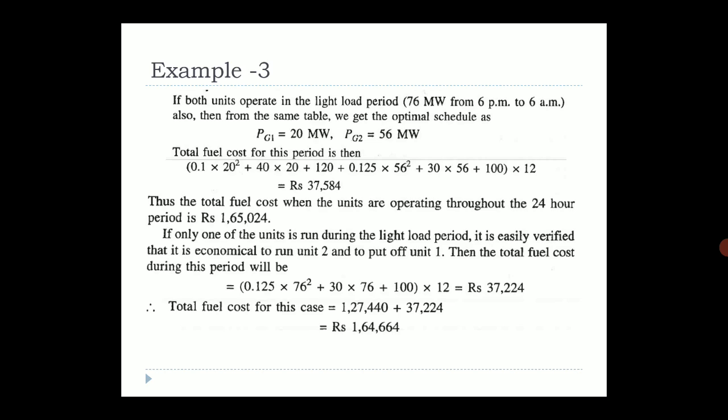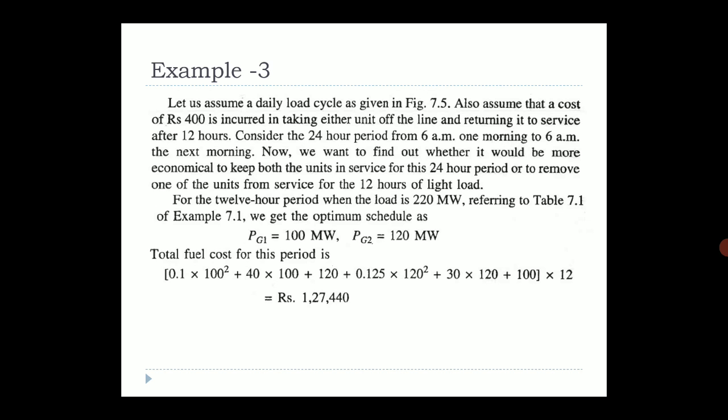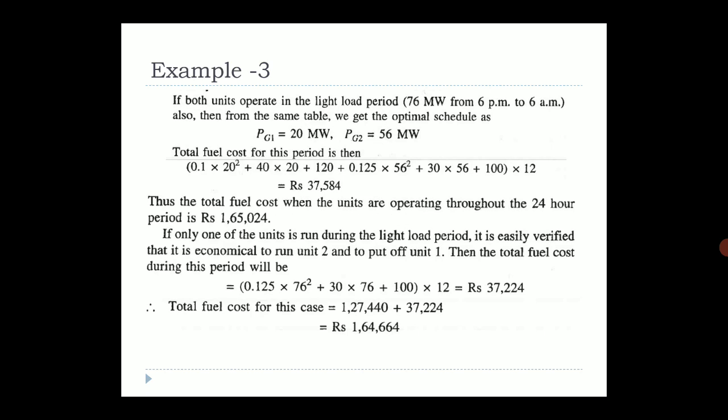Unit 1 is costlier, so for unit 2 you use 76 megawatt and you put off unit 1. We put that 76 in the C2 equation, and we get the total fuel cost of 1,64,664.